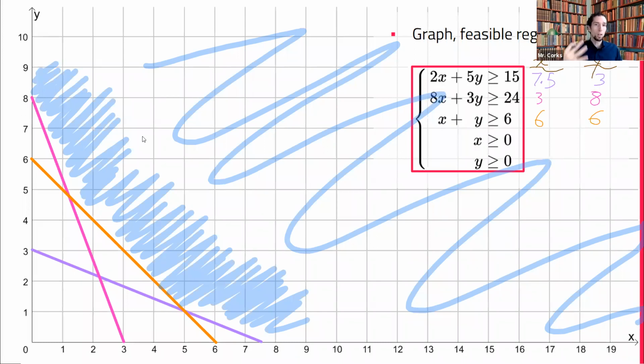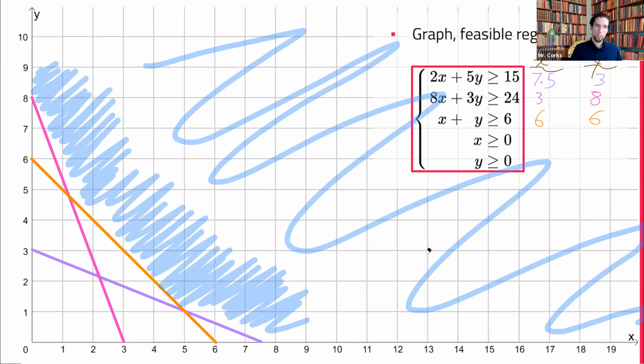But despite all of these things forcing us to do more and spend more money, we are still trying to have the lowest possible cost. So things are trying to push us to spend more, but within that limitation, we want to find the lowest possible cost. And that's going to give us a graph that looks like this for a minimization problem. So this is another common kind of situation that we see with these styles of problems.